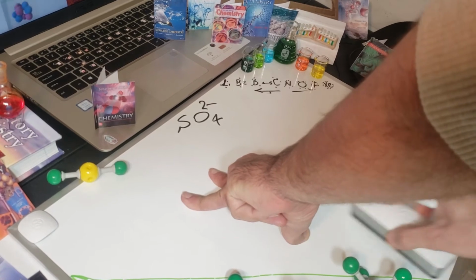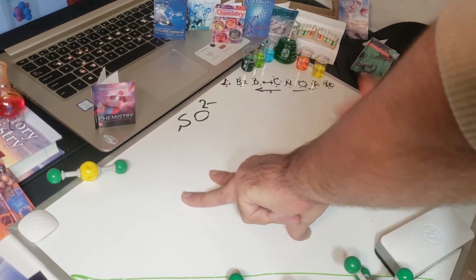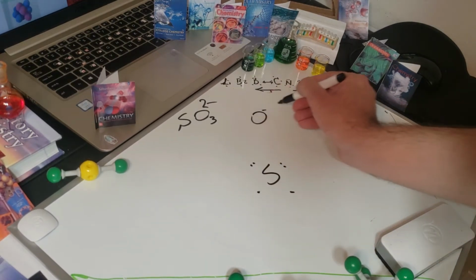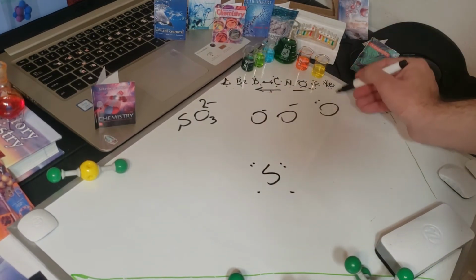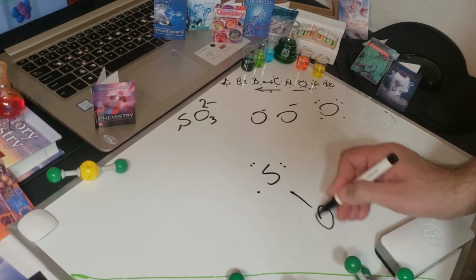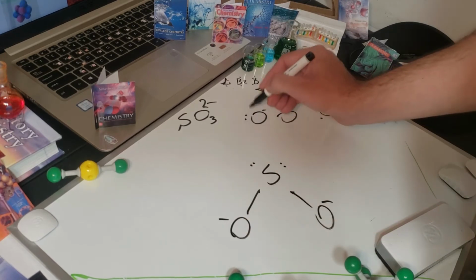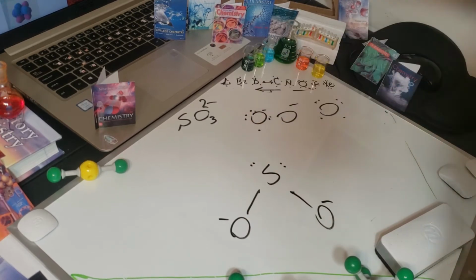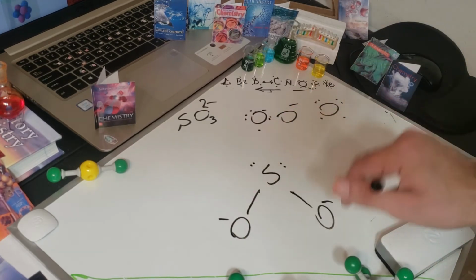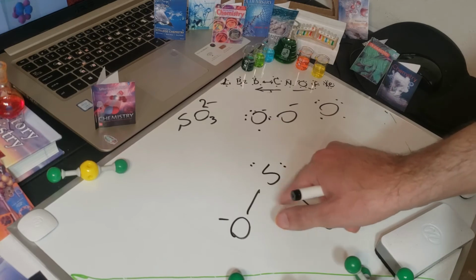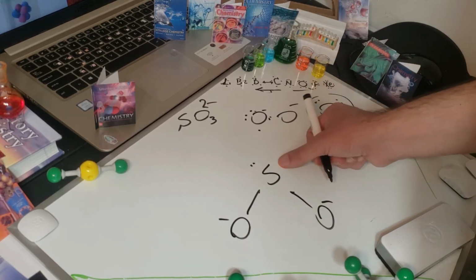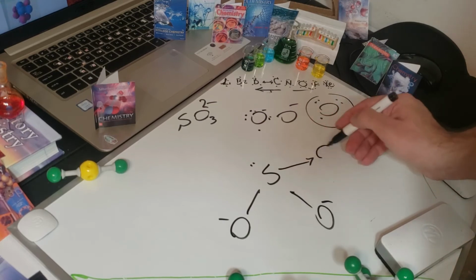We could also do the structure of SO3 double minus, and that's going to be very simple as well. This time we have two negative oxygens and one oxygen. So O negative here, O negative here. Again, O negatives are group 6, so they only need one bond, one covalent bond, to feel satisfied. My sulfur receiving its two bonds is satisfied, and this oxygen remains unsatisfied, so I could donate through dative bonding.